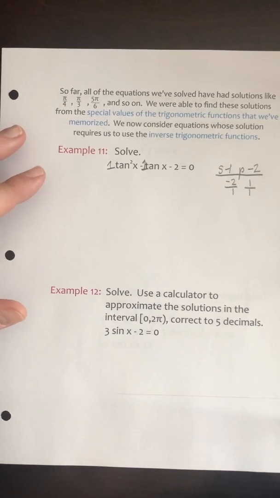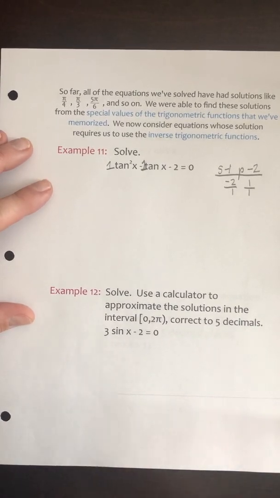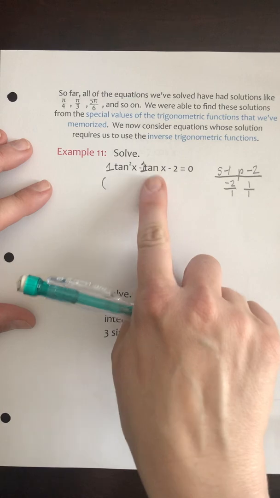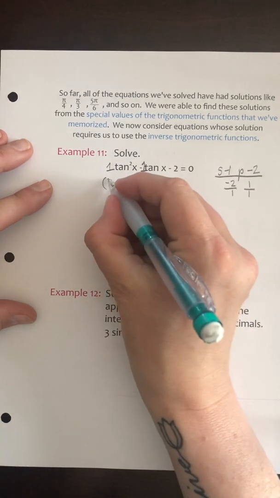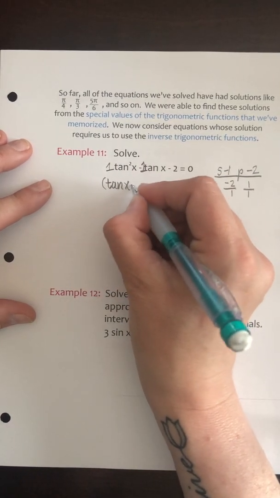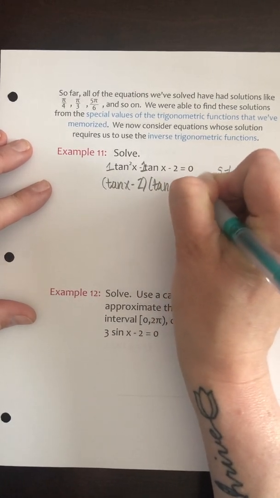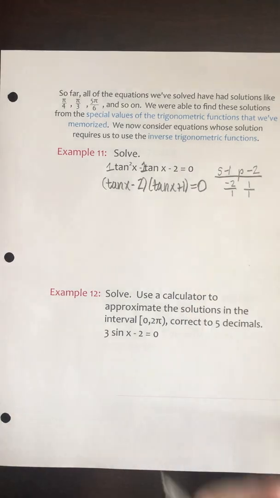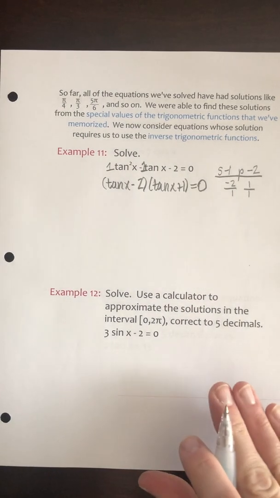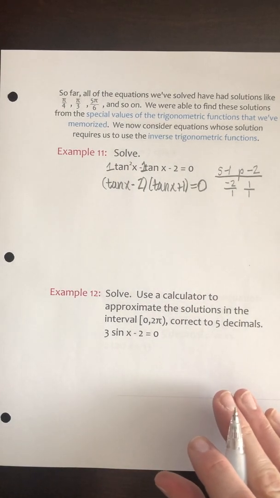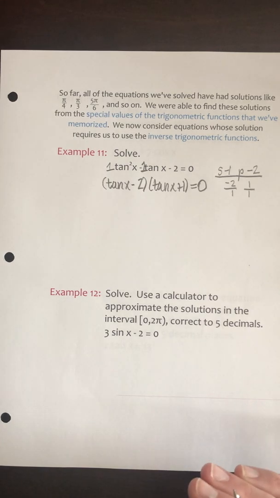Now, normally, here's where we would say x minus 2 and x plus 1, but we're not dealing with just an x. We have a tangent x, so this is where we're going to say tangent x minus 2 and tangent x plus 1. So if you needed to change it to have a different variable, you can. For some people, visually, that really helps them out.